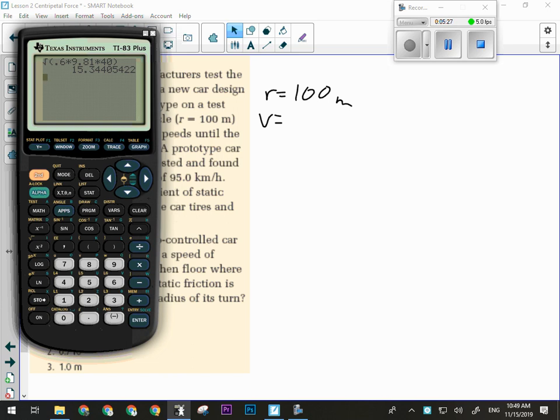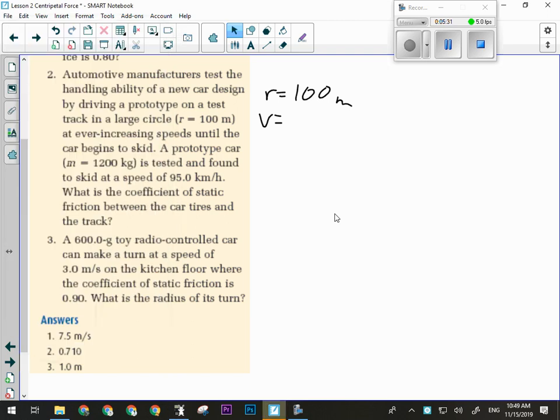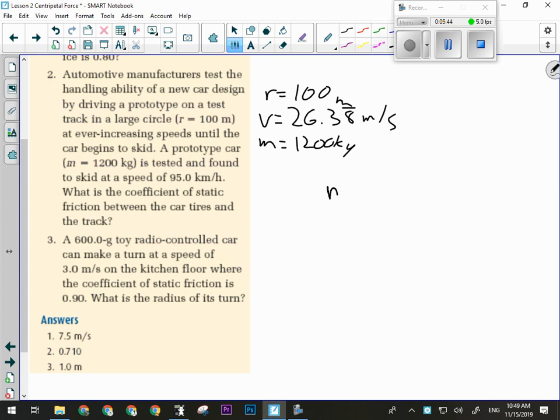So we'll have 95 divided by 3.6, so 26.38 repeating meters per second, and we're told the mass of the car, which is going to cancel anyway, it's 1,200 kilograms. Since this is an unbanked corner, we know that Fc equals the force of friction. That's mv squared over r equals mu times m times g, because again, gravity and normal force are going to be equal in this situation.